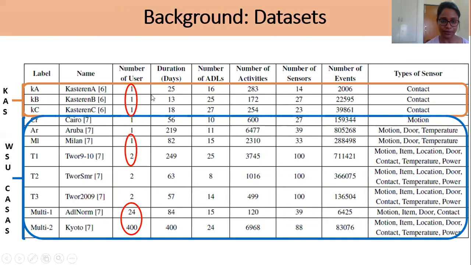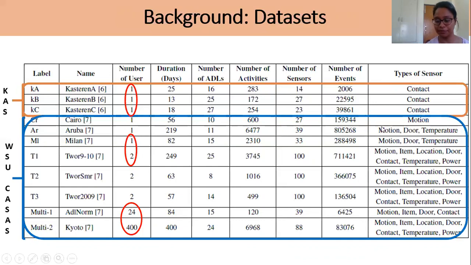As you can understand, the Kasteren datasets are all single-user datasets, and they have a duration of one month or half a month, and the sensors are mainly context sensors. Whereas in Washington University, there are various sets of users: one user, two users, and even multiple users, with like 24 users and 400 sensors.